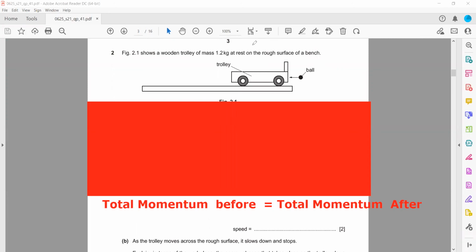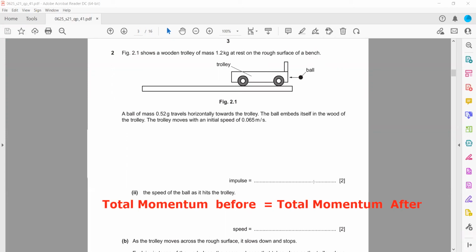So we need the velocity, the speed, here, using momentum before equals momentum after. First, for the ball, we need the initial speed of the ball, which we don't know. We say that speed is x, and the mass of the ball is 0.52 gram, but it should be in kilogram.